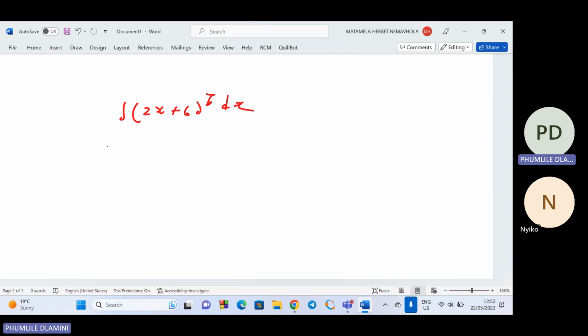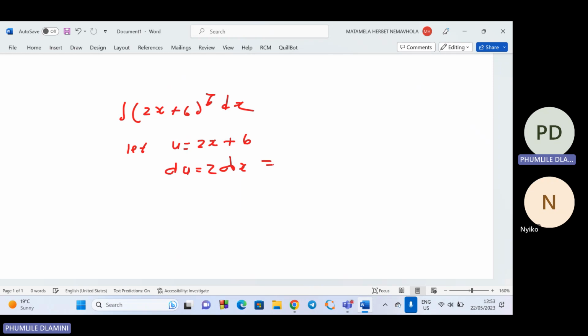what we need to do here is integration by substitution. We can let u equal 2x + 6. Which means my du is going to be equal to 2 dx. Then I can divide by 2.